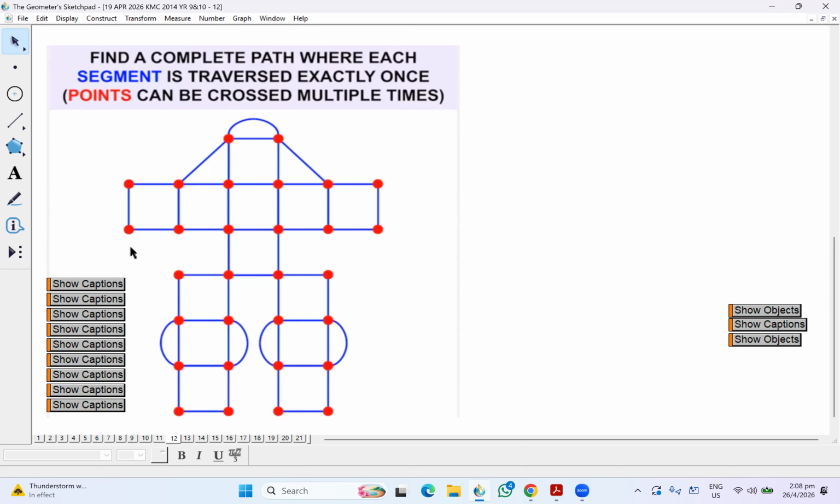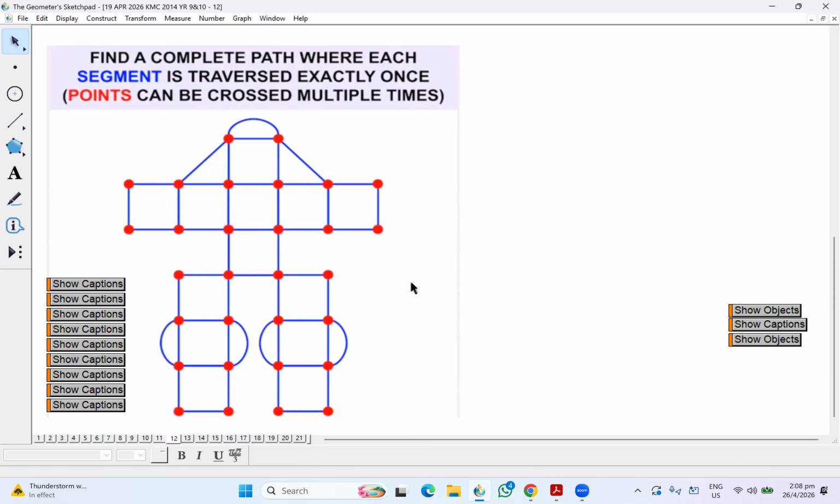You must start with the point with an odd number of edges, 3 edges. Because once you go out, later you come in, you can go out again.